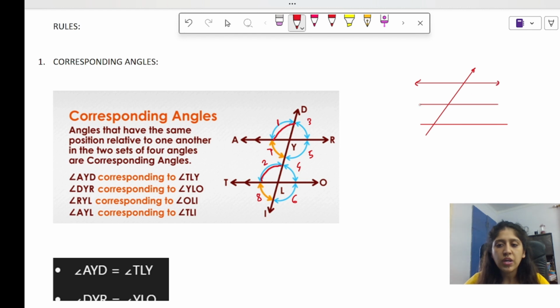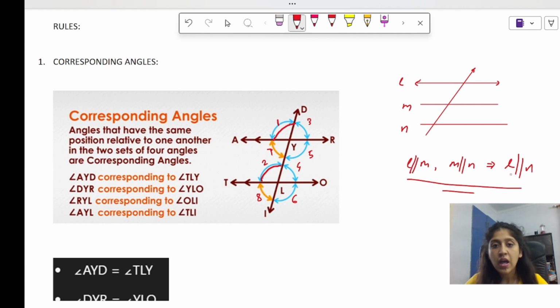Now, if I say this parallel line is L, this is M, and this is N. And if I say L is parallel to M, it is given to you. M is parallel to N. This thing is also given to you. These two conditions, when they are fulfilled, it implies that L is also parallel to N. I hope this concept is clear to you, which I did in the previous lecture. And this concept is really important.